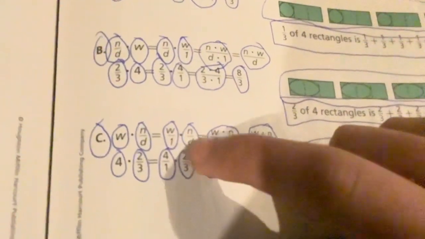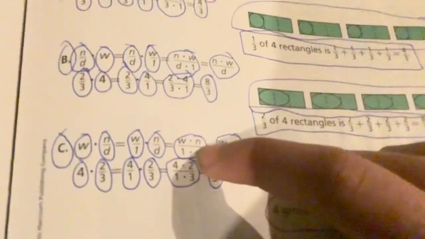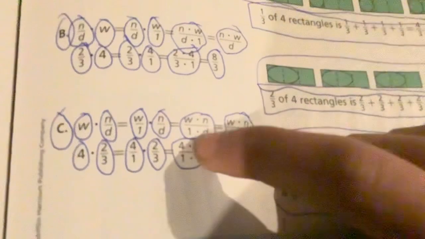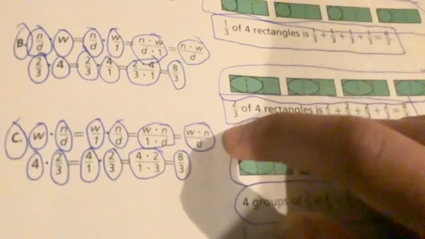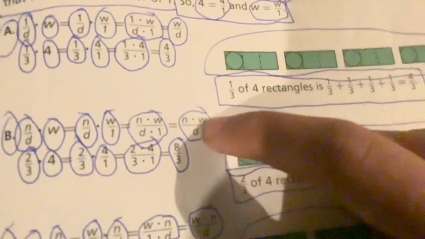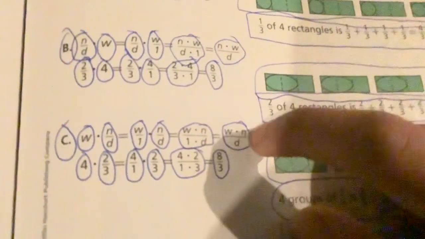So w over 1 times n over d is w times n over 1 times d. That makes it equivalent to w times n over d, or simply wn over d, because w times n is wn. Making this n times w equal to nw, because n times w is nw. So, yep, nw, wn, same thing.